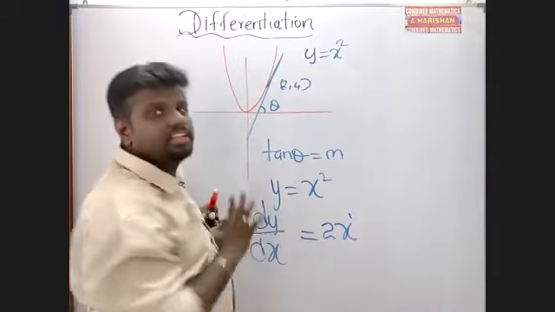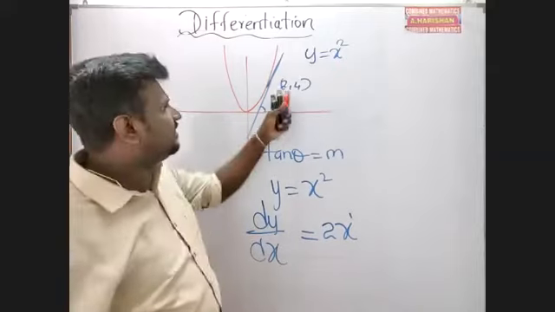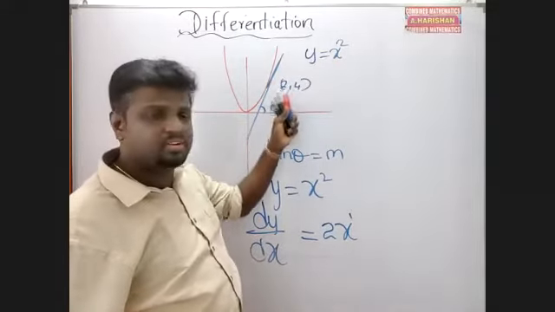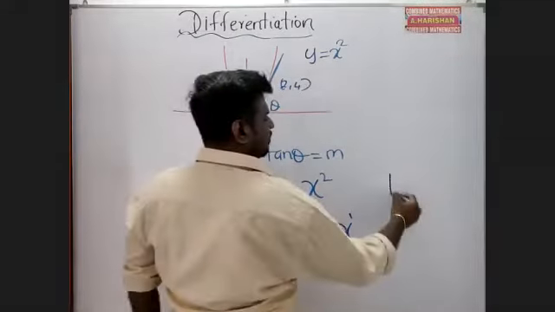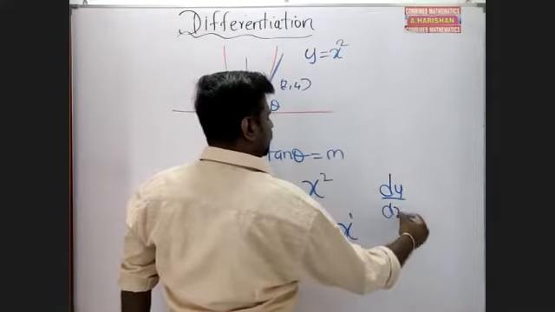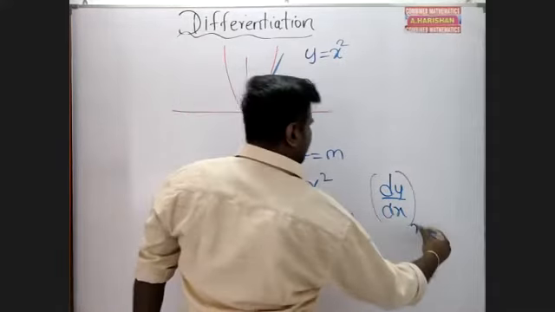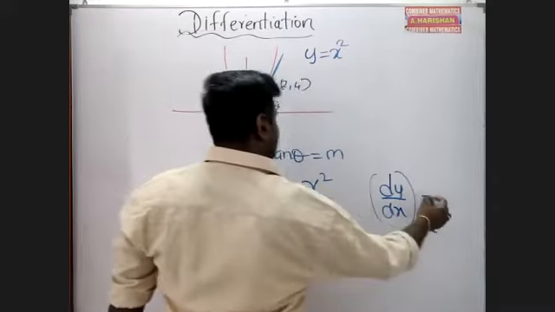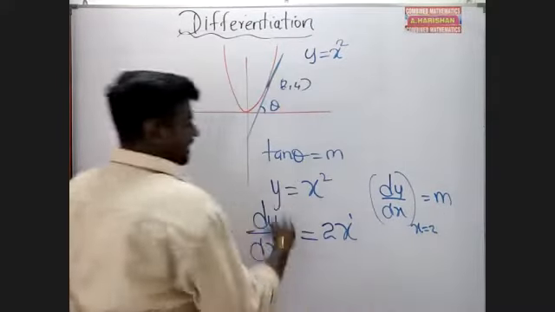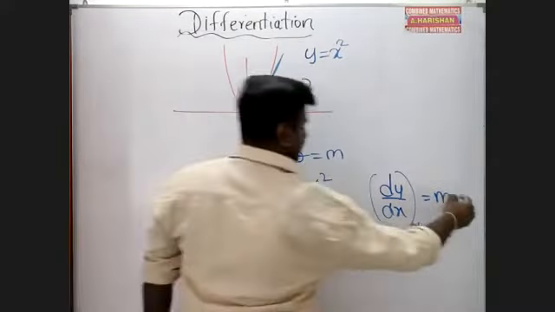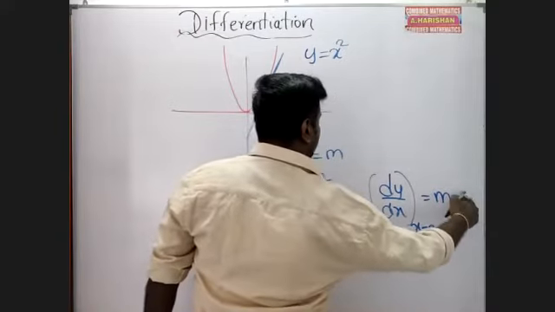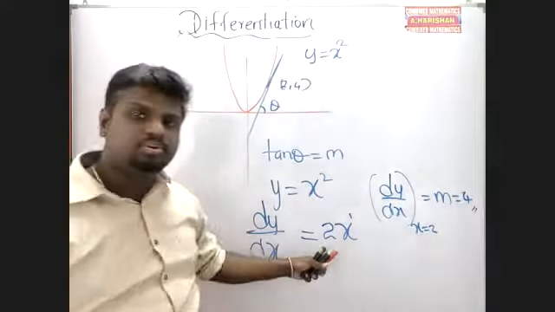If I put x equals 2, then dy by dx when x equals 2 is m, and that is 4, because you substitute 2 here.